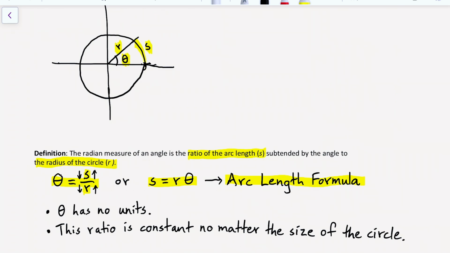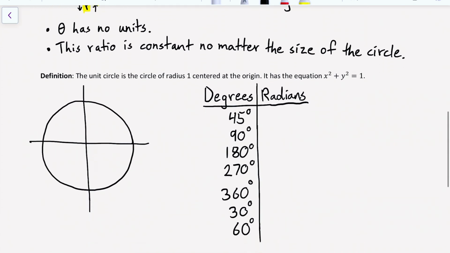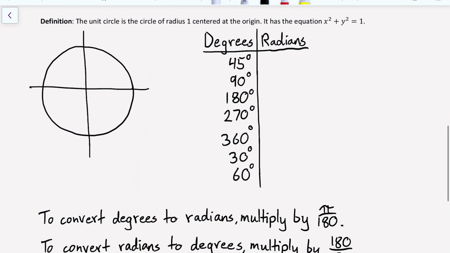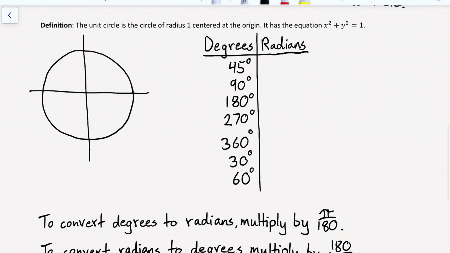Now, because the size of the circle doesn't matter, it results in a constant measurement for theta, so let's use the unit circle to make our work a little bit easier. The unit circle is a circle of radius 1 centered at the origin. It has the equation x squared plus y squared equals 1.